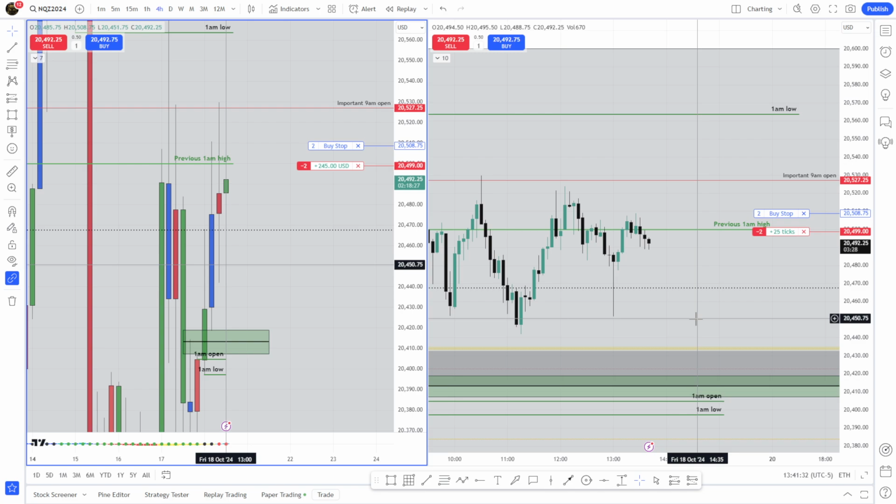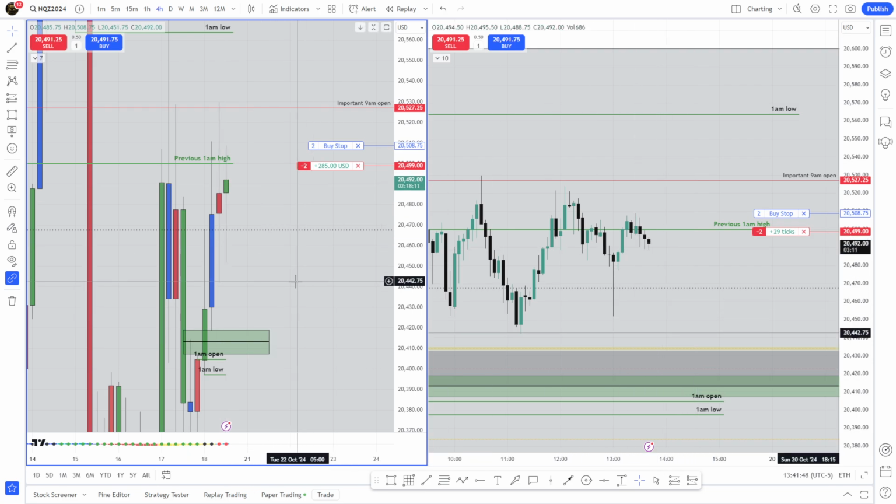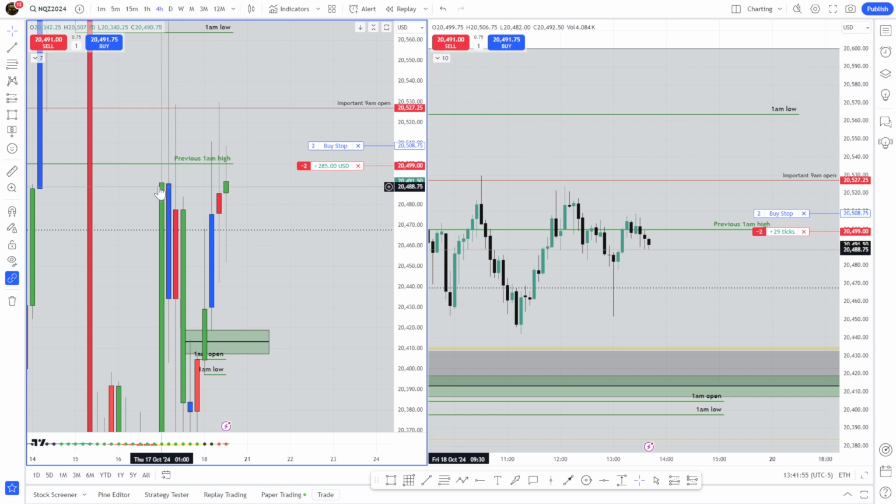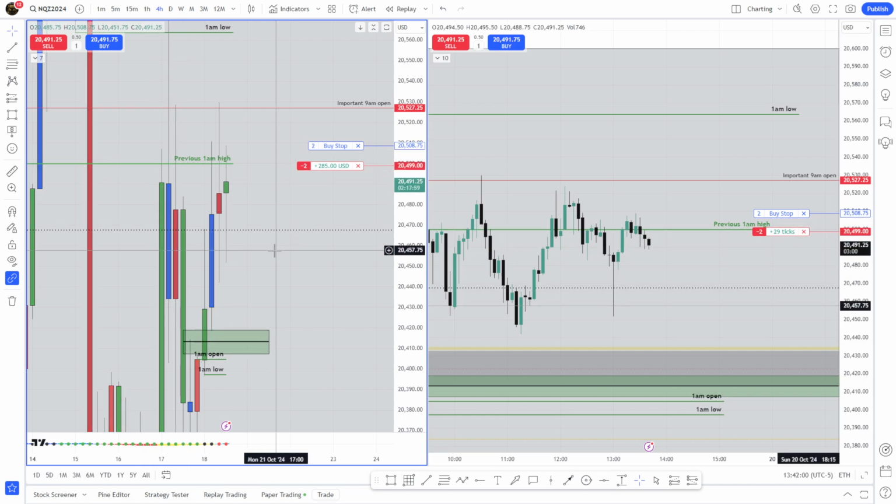Again, what I want and what the market decides to do is not always going to align perfectly. However, if we are looking at previous candles and how they reacted in this area, the only thing we're doing is looking for what would be highly probable.